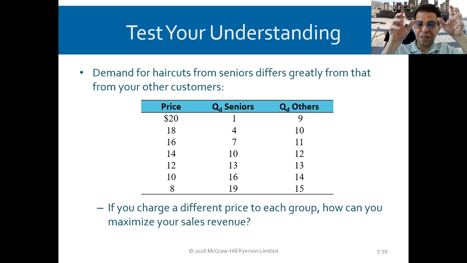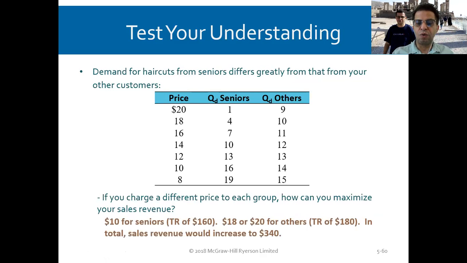And we select the highest number among them, then we select the prices. So here at $10, we see a maximum of 16 seniors coming in, which generates 160. Now, if you go to $8, it's going to generate less than 160. So you pick it here for the seniors at $10.